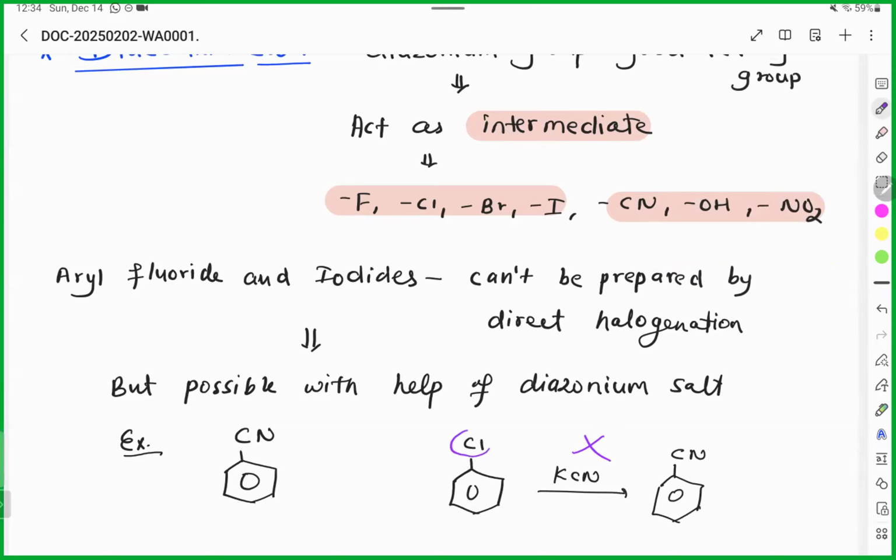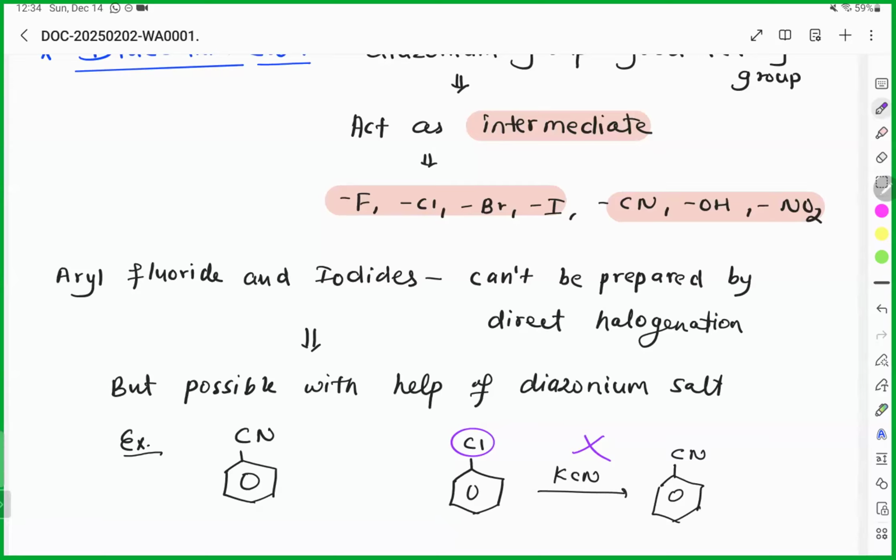Do you remember, Samarth? We did it in haloalkanes. Yes, sir. Like we need extreme conditions to make it possible, or else we have to create a tough situation. Otherwise, the partial double bond with the chlorine is really difficult to break.